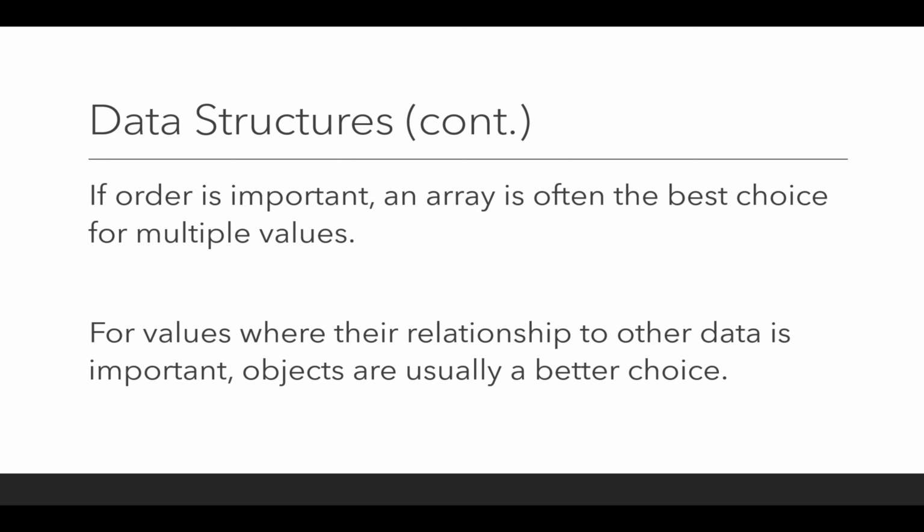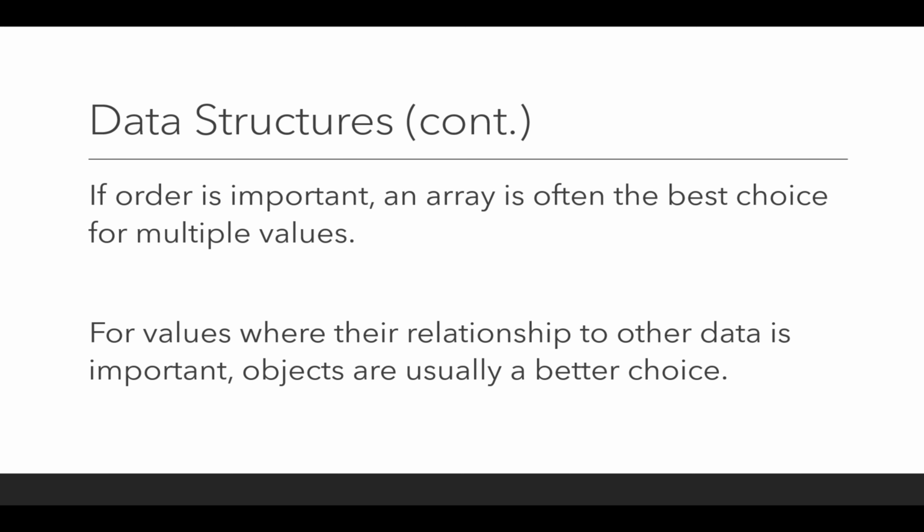So why would we use an array and why would we use an object? If we care about the order of the values, an array is often the best choice. This might be, for example, information used for a graph in which the order is particularly important when graphing data, or it might be particular increments for some other data set where the order is important and the order matters.